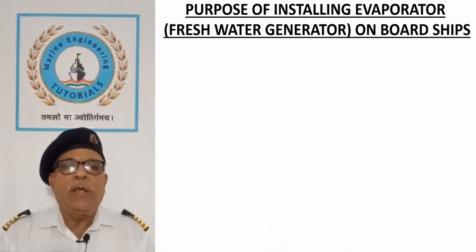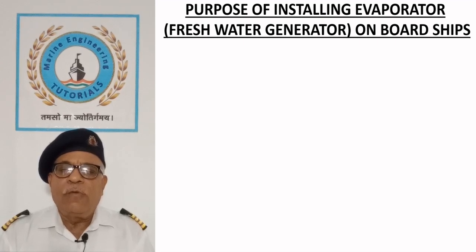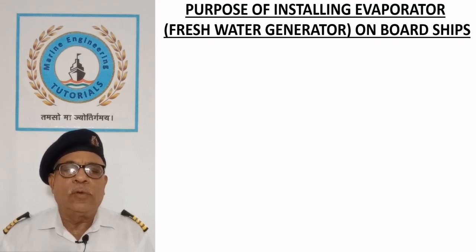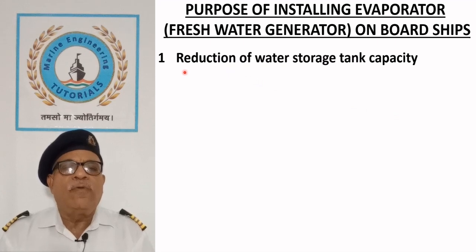Purpose of installing evaporator or freshwater generator on board ships. As discussed above, freshwater is used on ships for various uses. Freshwater generator is equipped on ships due to the following reasons: reduction of water storage tank capacity.